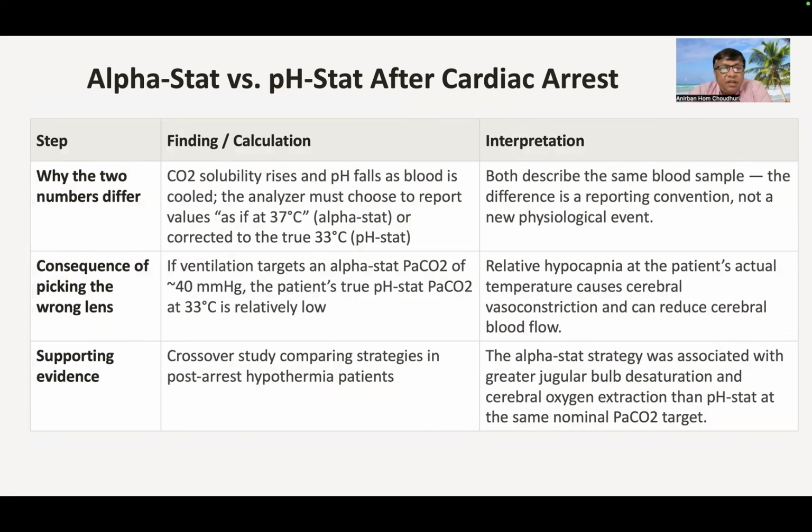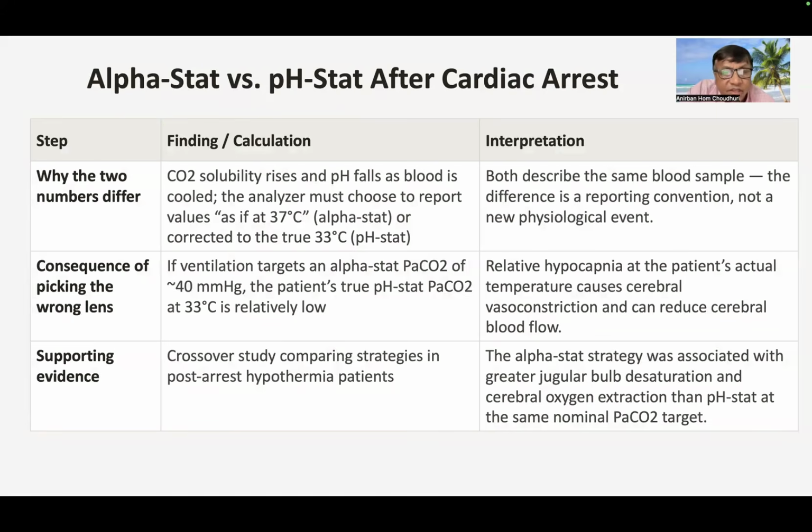But if we pick the wrong target, if ventilation targets an alpha stat PCO2 of 40 millimeters mercury, the patient's true pH stat PCO2 becomes relatively low. Therefore, the relative hypocapnia at the patient's actual temperature causes cerebral vasoconstriction, which can further reduce the cerebral blood flow.